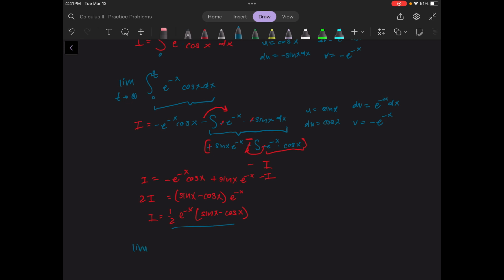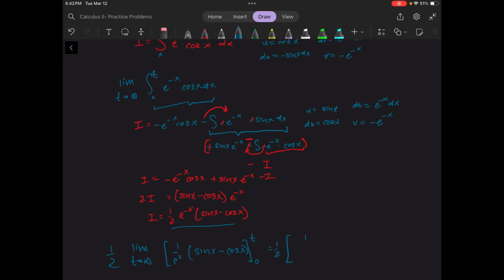So we have the limit as t approaches infinity of, we can pull the 1/2 out. We have 1 over e to the x times sine x minus cosine x. And we're evaluating that at t and 0. So let's see, that's going to be a 1/2.